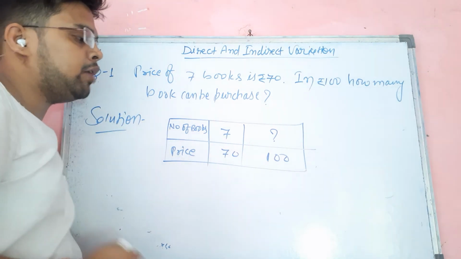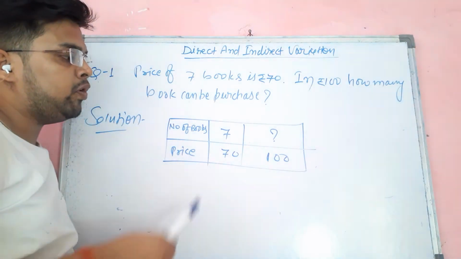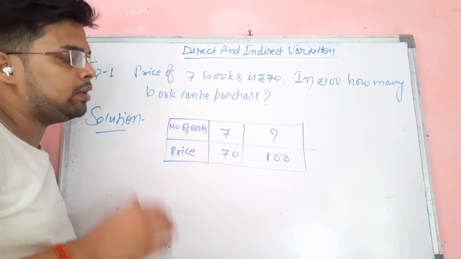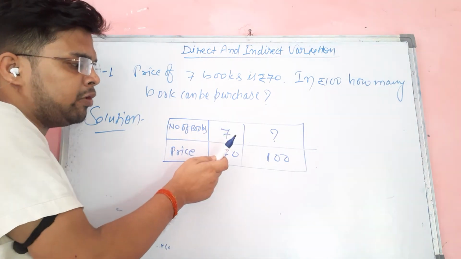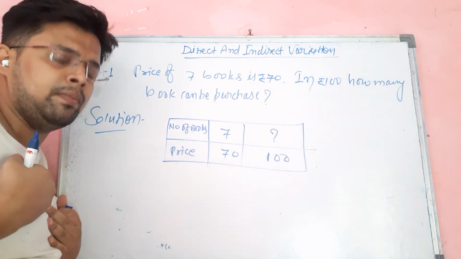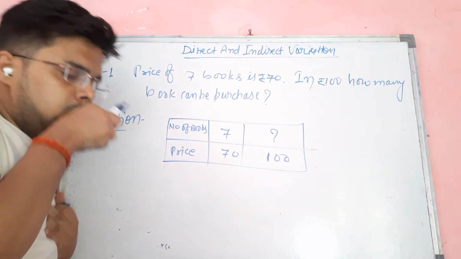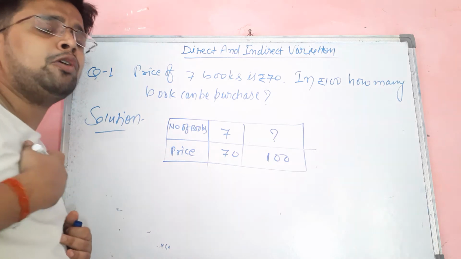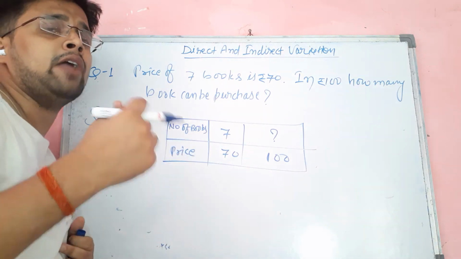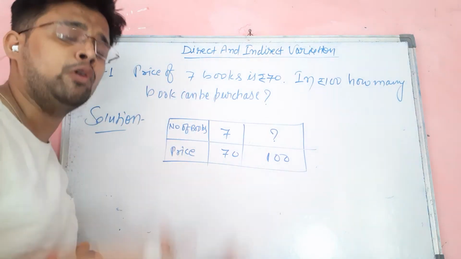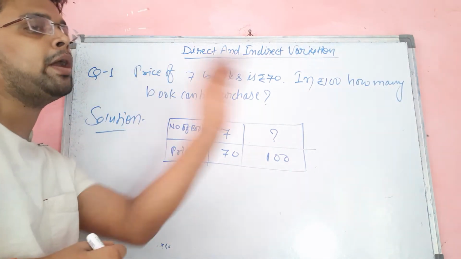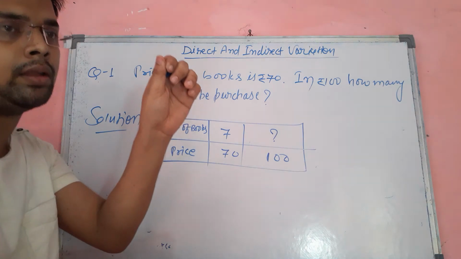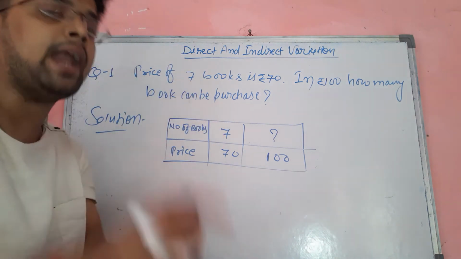So first you will see, if you increase one quantity, whether the other quantity increases or decreases. Here the price of 7 books is 70 rupees. If I want to buy more books, I will have to pay more rupees. So it is very clear that if I increase the number of books, the price will also increase. So it will be a case of direct variation.